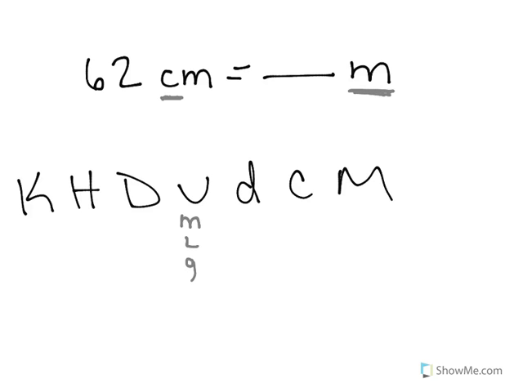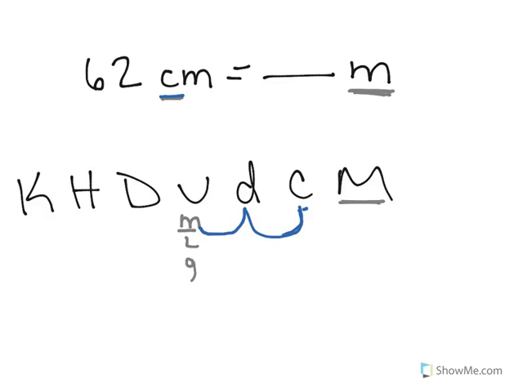Notice how I put a capital M here. Usually this is capital, and then our meters is lowercase. So what I'm going to do here is start at my C, and then go to where my M is. I'm going to go one spot, two spots over, and hit my M. Again, my units can either be meters, liters, or grams, and in this problem, we're dealing with meters.